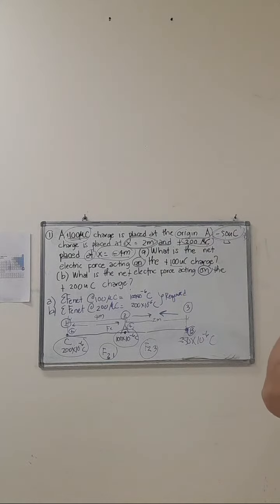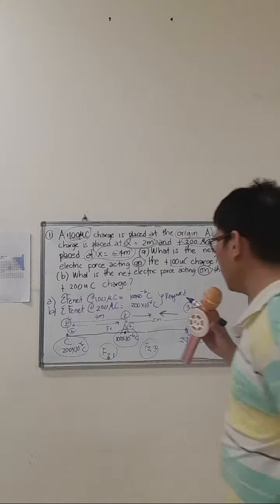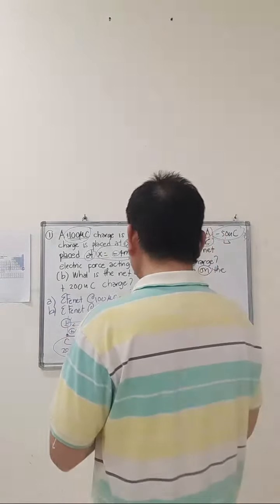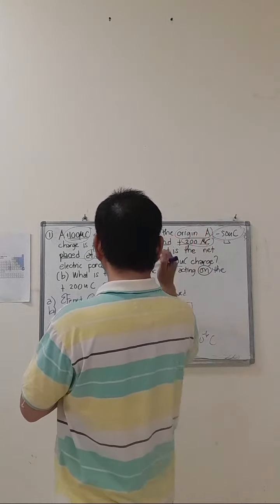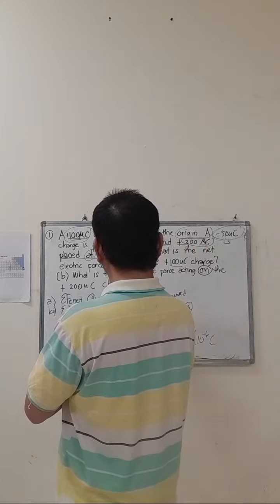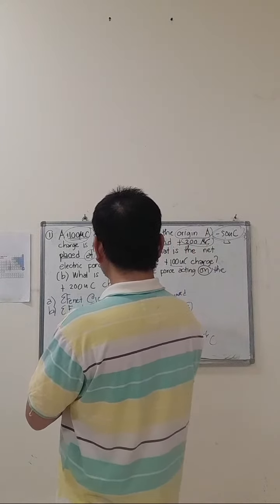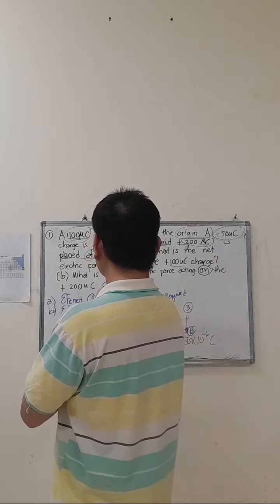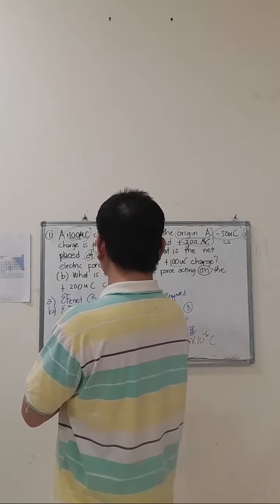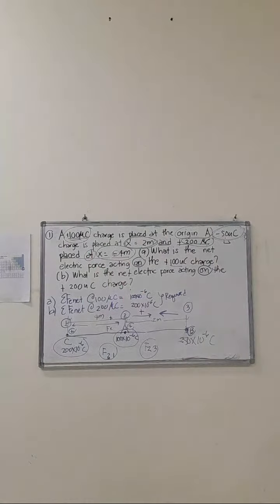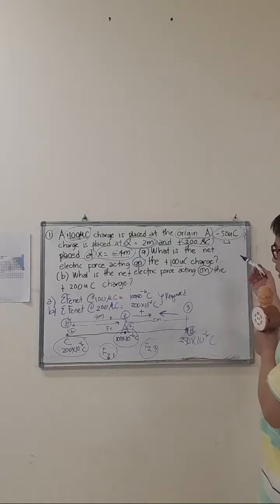You get the point that F2 going to 3, so this is going to be positive. And also F2 going to 1, it's repelling going to 2, this is going to be positive. So the question is asking for a net force.